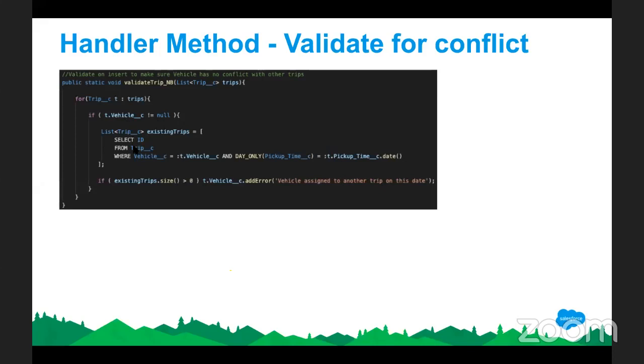If the vehicle is set, I should query for the date. I should get the trip date, and I should query any other trips that have this same vehicle and same date. If I find one, show an error. Quite simple, right? Loop through, find the vehicle. If there exists one, just show an error. So this is the logic.